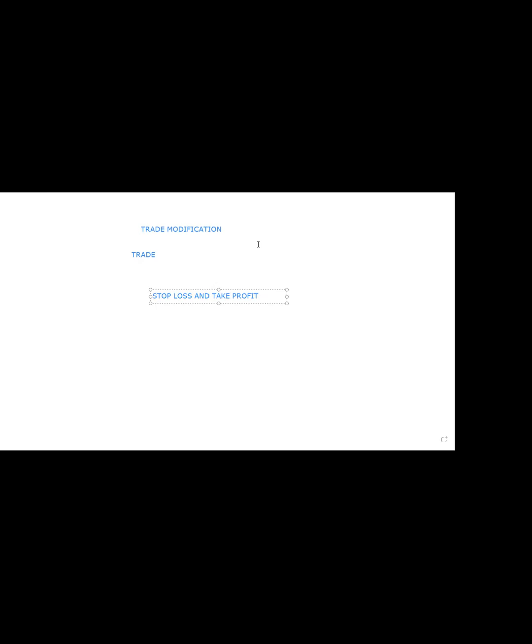So anytime you enter a trade and you don't set what you call making profits, we call it take profits. Once you don't set a profit target, it's like you just enter that trade, you have no goal. If you're going somewhere and you don't have a destination, everywhere looks like a way, you can get lost. So the same thing, if you enter a trade and you do not set a profit level, which is what we call take profit, it's like a waste of time.